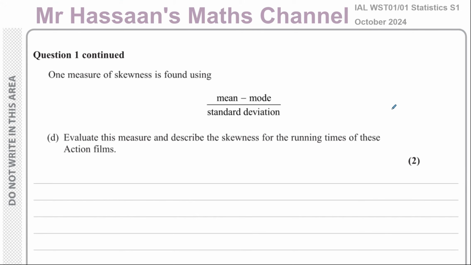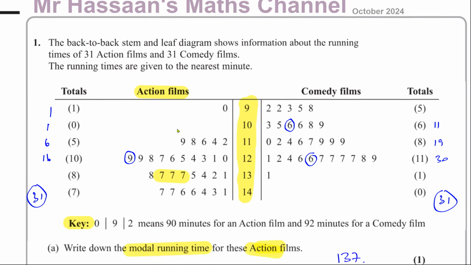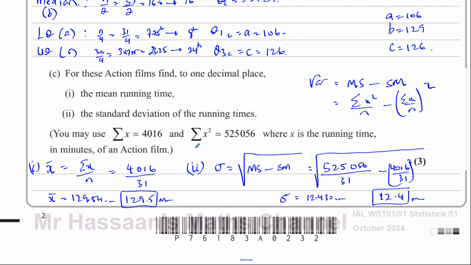It says one measure of skewness is found using mean minus mode over standard deviation. Evaluate this measure and describe the skewness for the running times of the action films. So for the action films, we had the following data. The mean we just found to be, yes, for the action films, 4016 over 31.